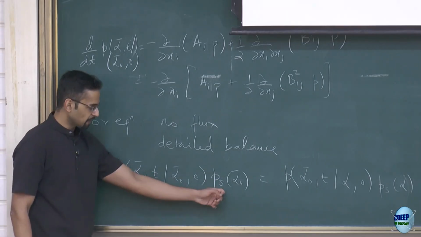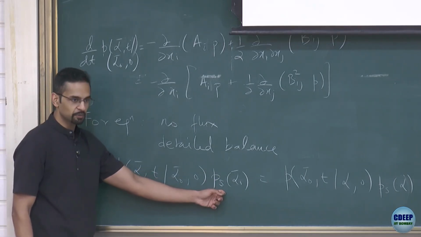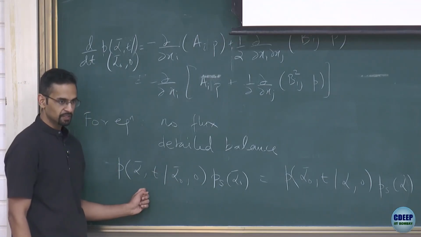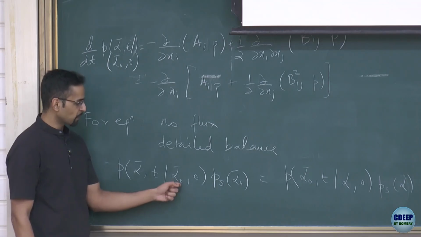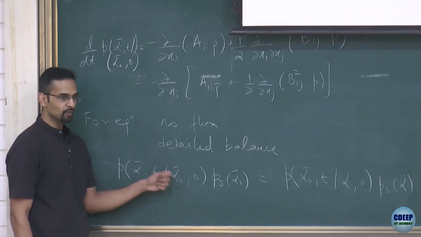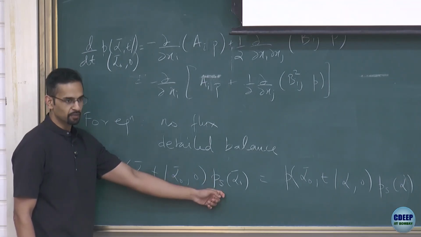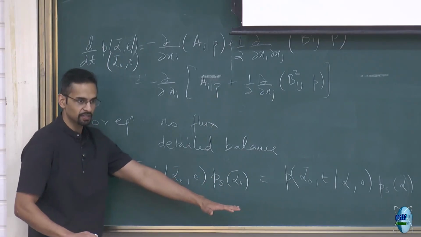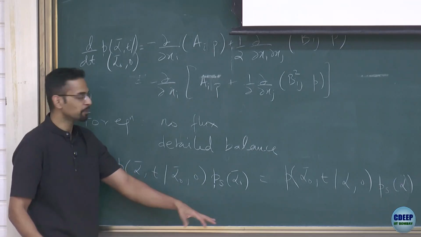Right, so here I'm using the stationary distribution to calculate the probability of going from alpha naught to alpha t. Right, I take the probability that I go from alpha naught to alpha t times the probability of being at alpha naught. Right, so that is the stationary distribution because I'm assuming I am stationary. When I am stationary, is it equilibrium or not is the question, right?